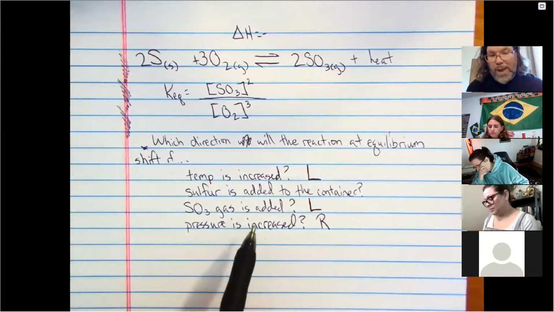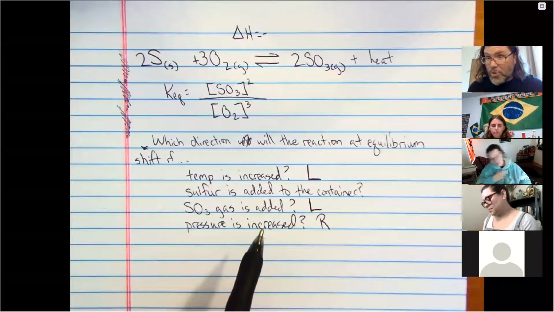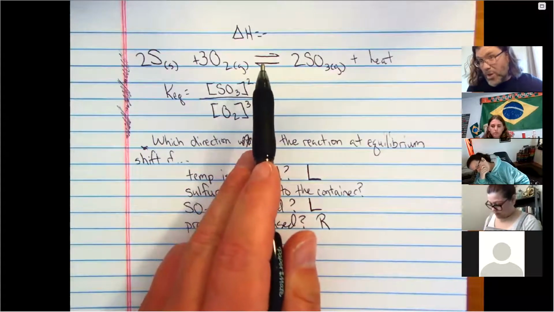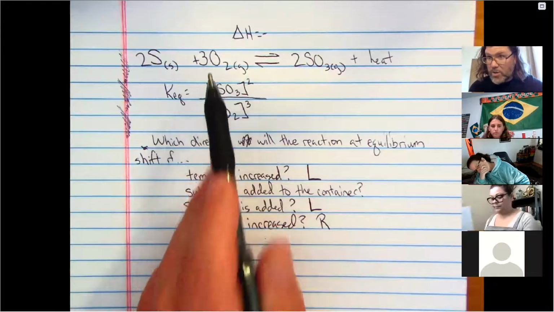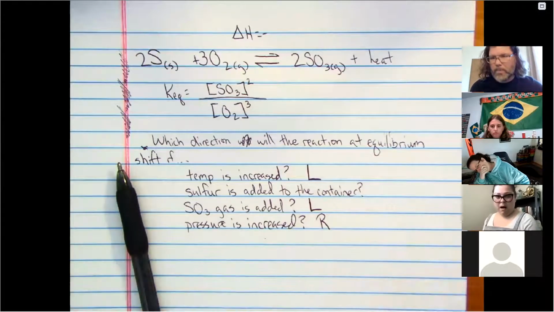If we disturb the reaction by decreasing the pressure, the reaction would respond by trying to increase pressure. So in this case, if we decrease the pressure, the reaction would respond by shifting to the left to increase its pressure. Does that make sense? Yes, thank you.